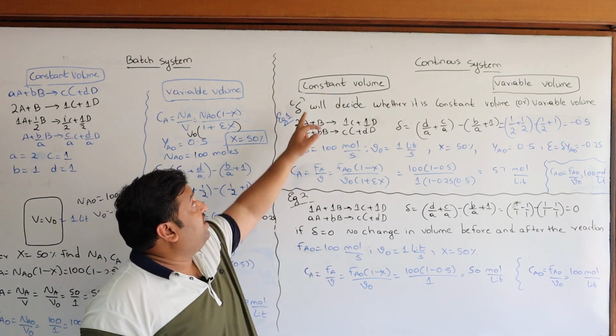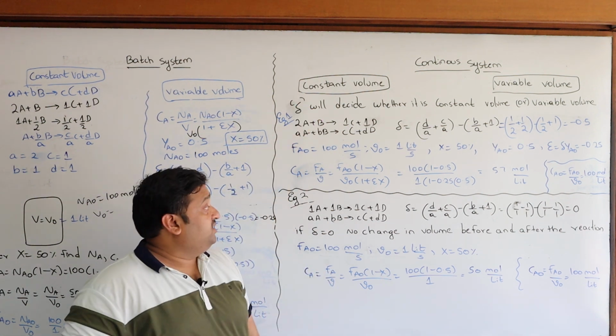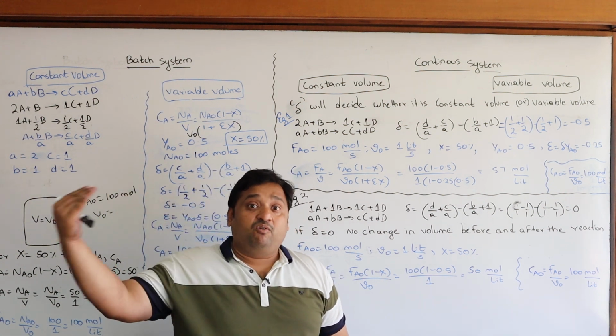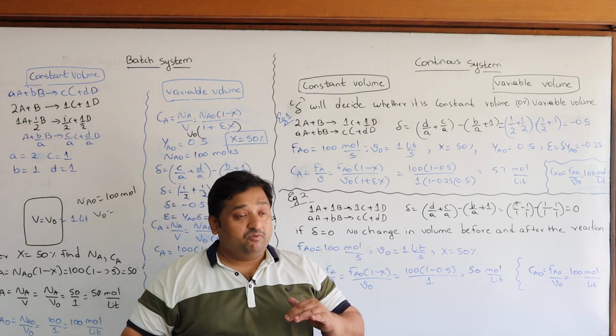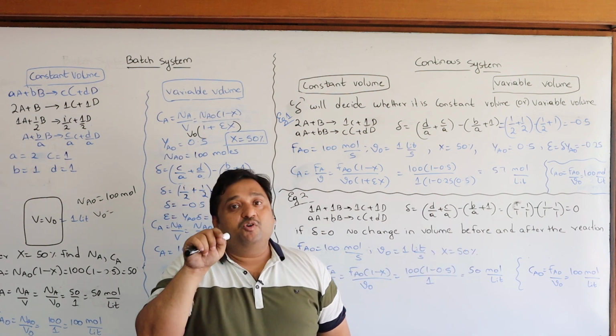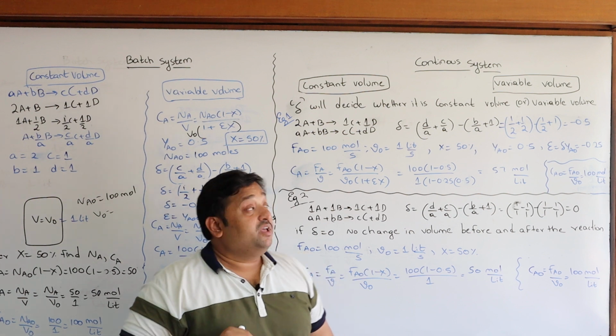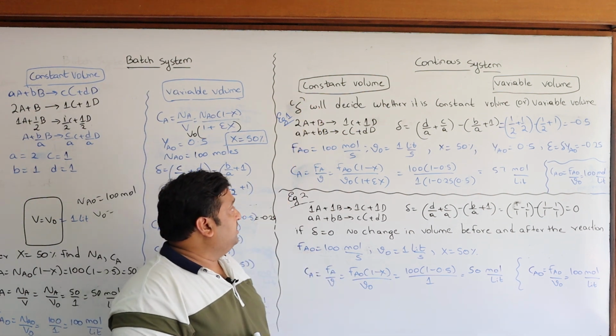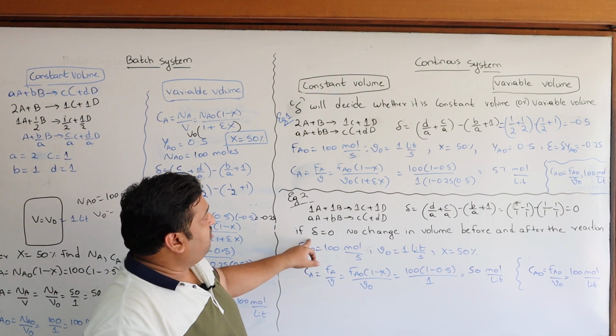In such cases we have to apply the formulas of the constant volume system. That means nu0, the initial volumetric flow rate into the reactor, is equal to the final volumetric flow rate out of the reactor; nu is equal to nu0.